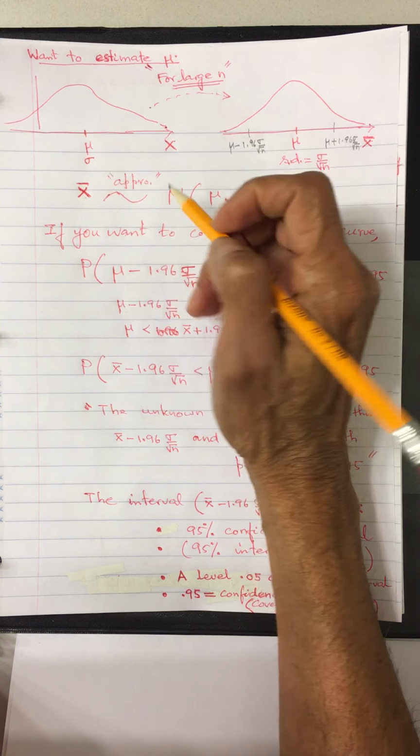So within mu minus 1.96 standard deviations and plus the same thing, from here to here, is 95% of the curve.